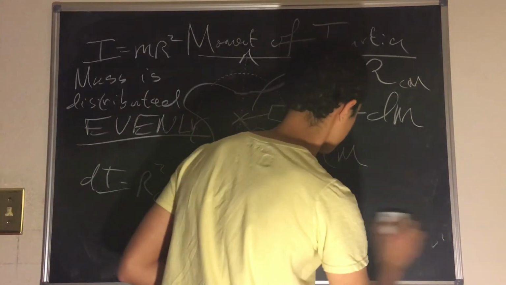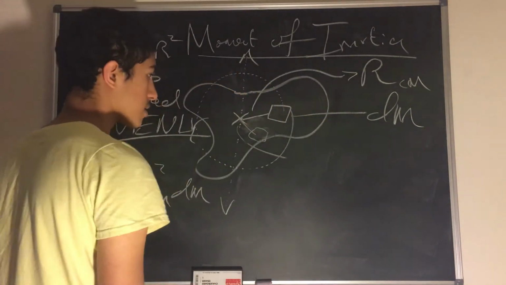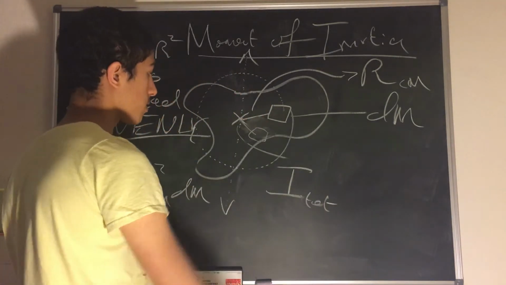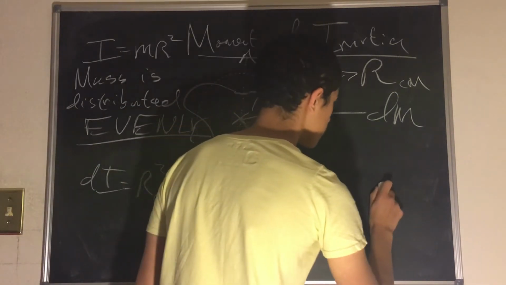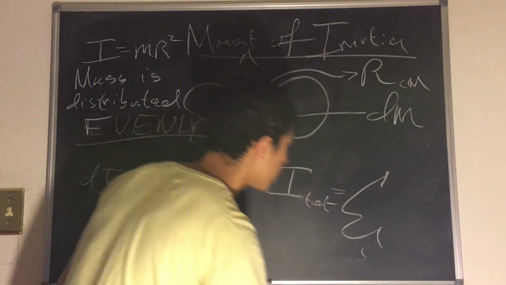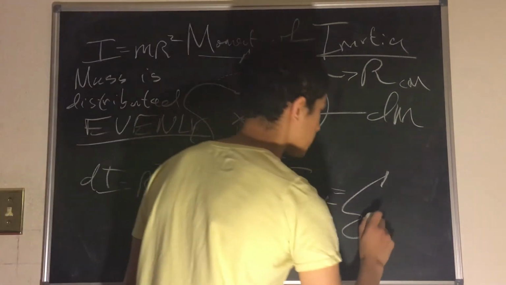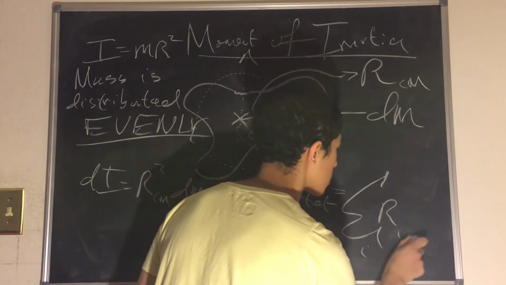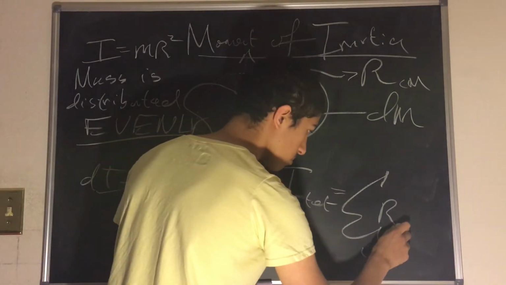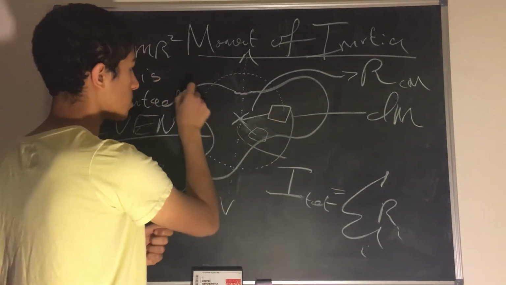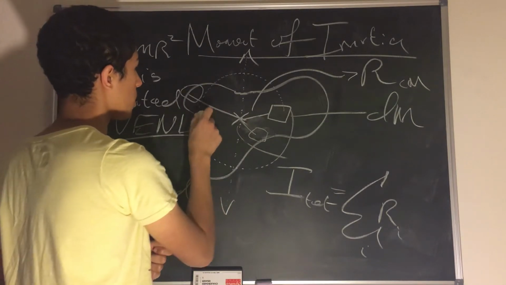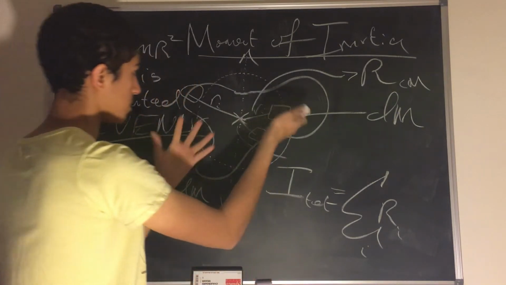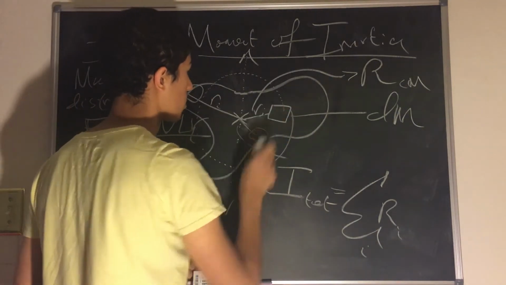And what does this look like? This looks like the I total, or the moment of inertia of the entire rigid body, is equal to the sum over i of each respective radius. Let's not write r_CM anymore, let's just stick to r_i, because that's more concise. So this dm would have r_i, and this dm would have r_i, and this guy would have r_j.